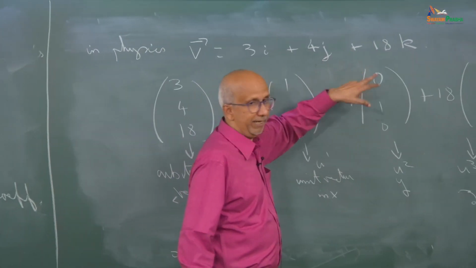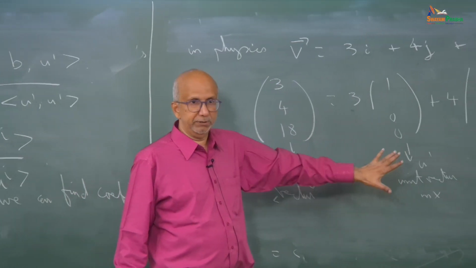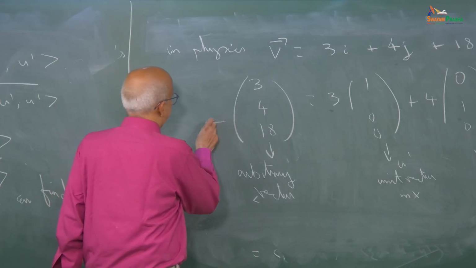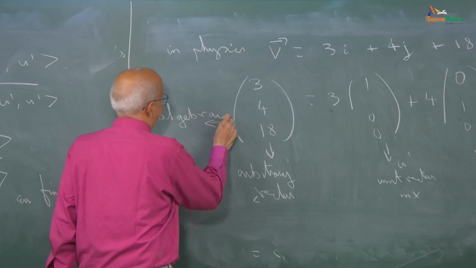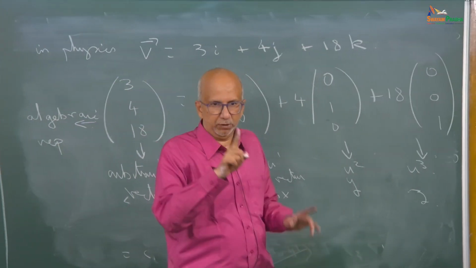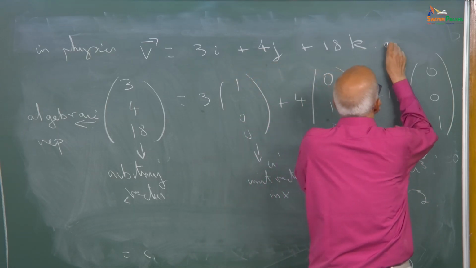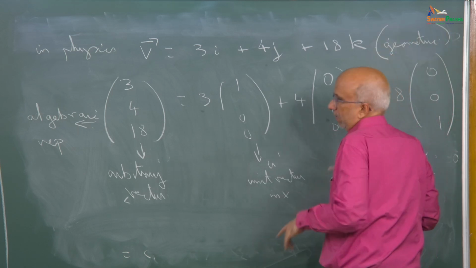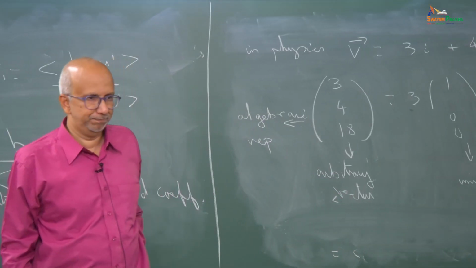If I write in terms of i, j, k, x, y, z, it is geometric, but when I write it in terms of 1, 0, 0, that is the algebraic representation. I am just going back to the very first thing I spoke about, algebraic and geometric representation.